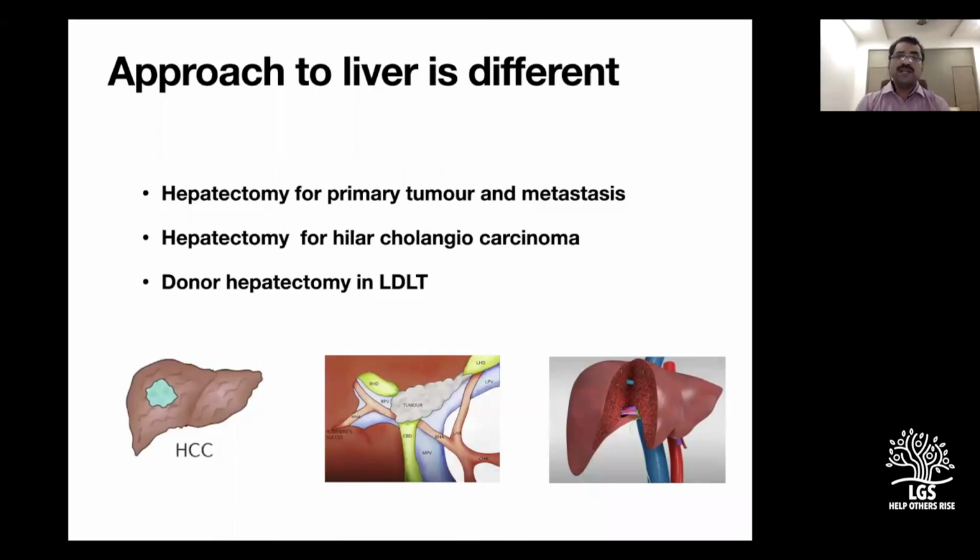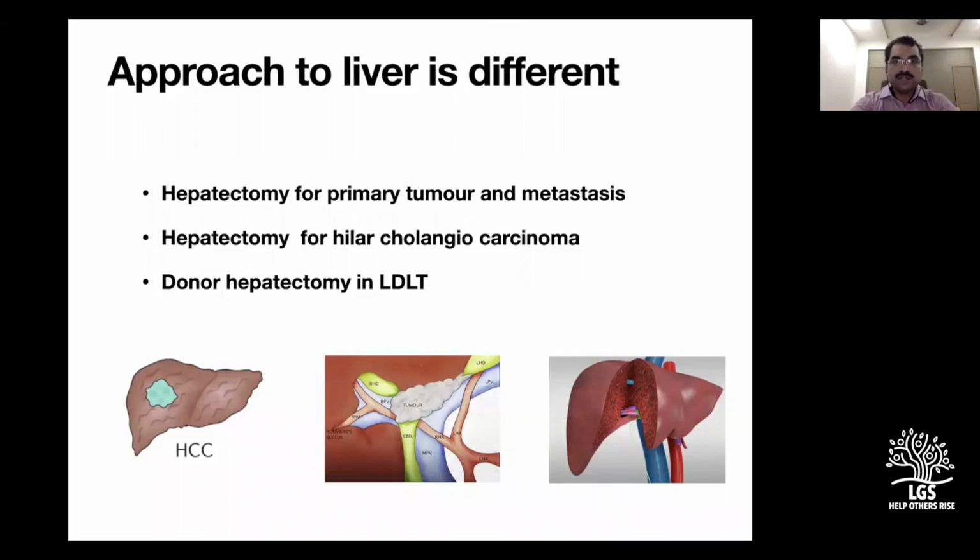So the approach to the liver is different when you do liver surgery for a liver tumor or a metastasis, or a surgery for a hilar cholangiocarcinoma, and for patients in whom you do living donor liver transplant surgery, that is, the donor hepatectomy.